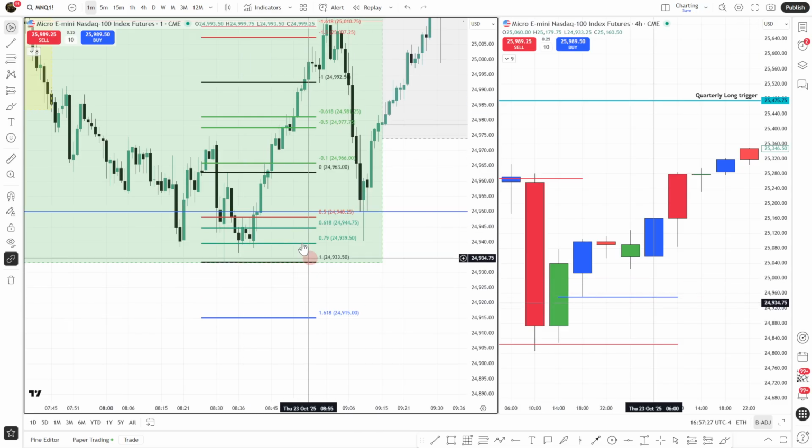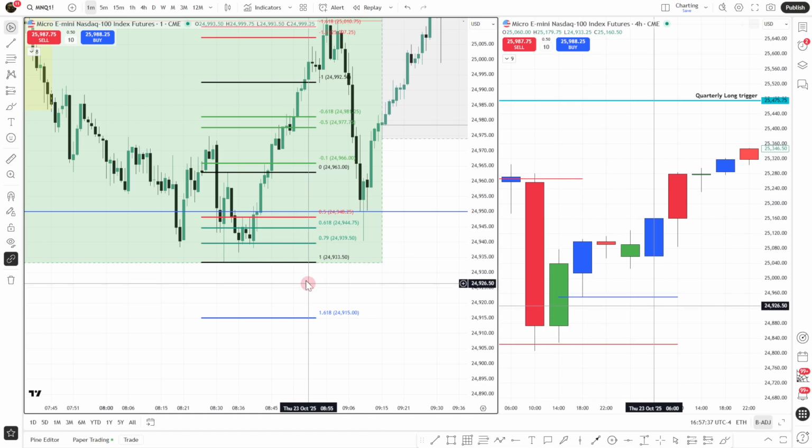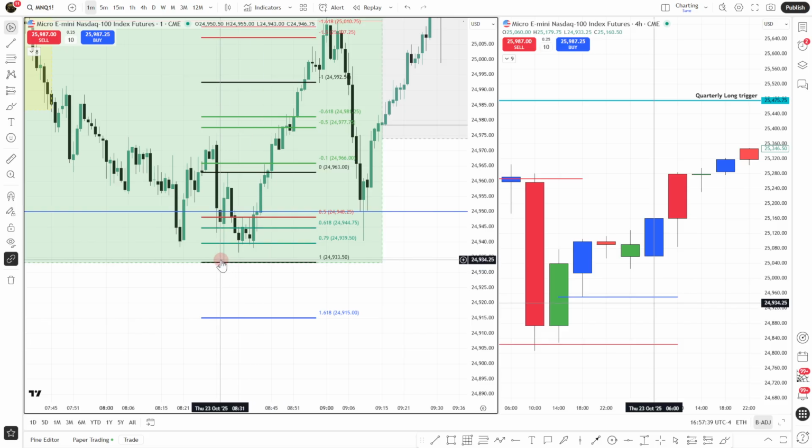We should elicit some sort of reaction off of running a previous 4-hour lower high, right? I always put my stop loss here. Okay. If it gets run and closes back in, then I'll try to get in still in a discounted area.